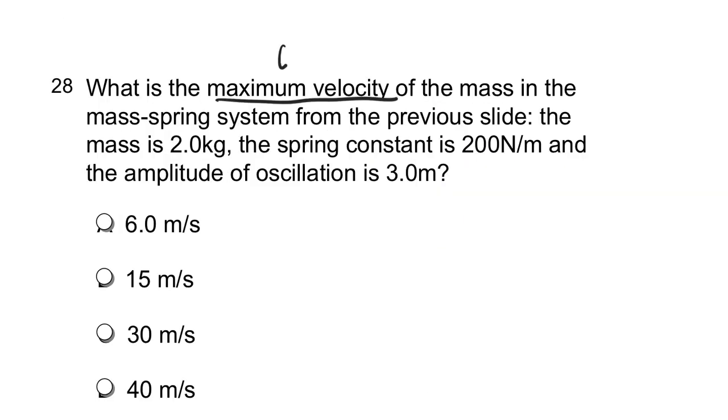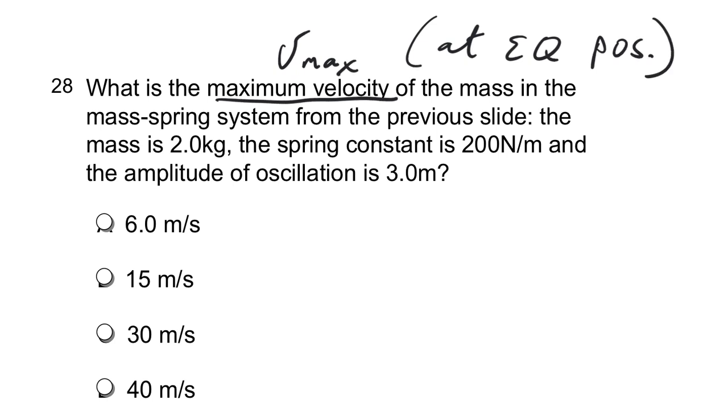What's the maximum velocity? That would be at the equilibrium position. I'm just reminding you from the previous slide, it's the same info. K is that, and A is that.